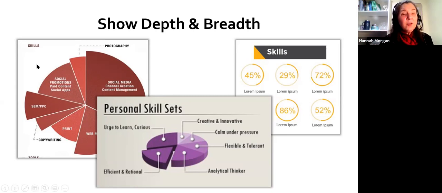Right. So the other way to look at your skills is, okay, how do I spend my day or my week? So in this case over here, the person has used the slice of the pie to talk about not the level of skill, but the frequency of use of that skill. So I use my social media a lot in my daily. I use my web.